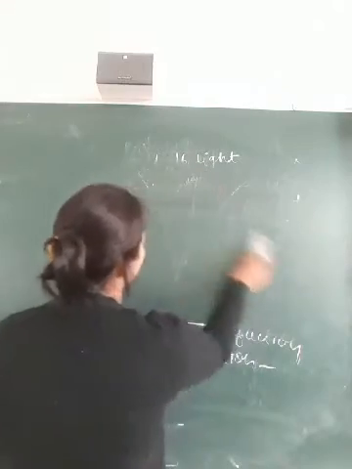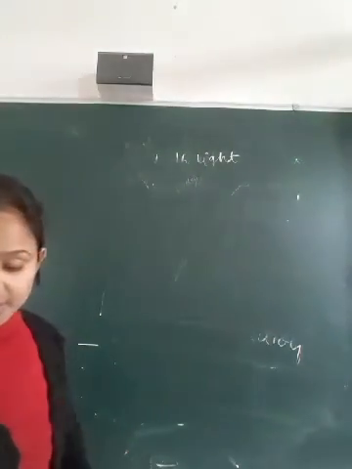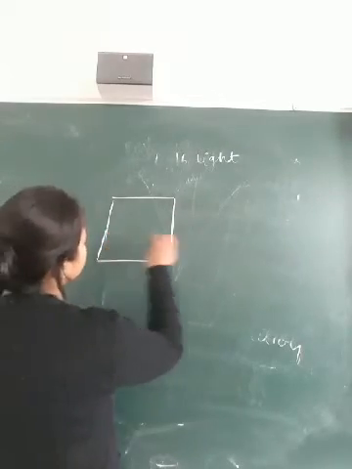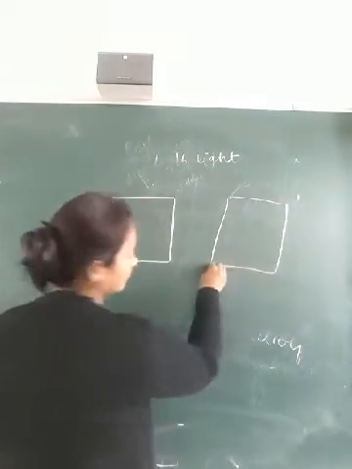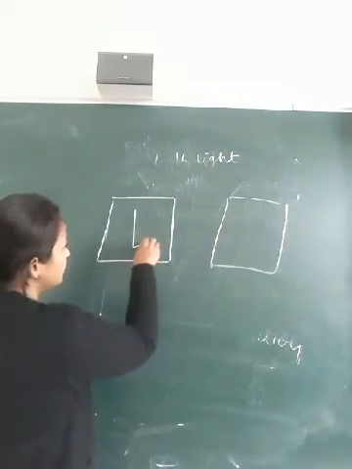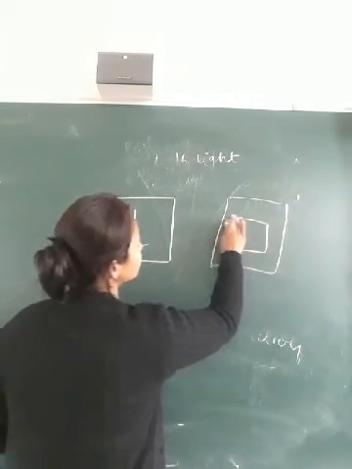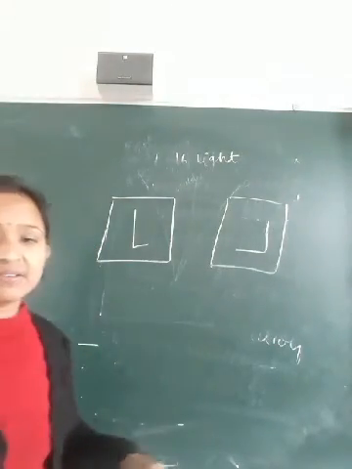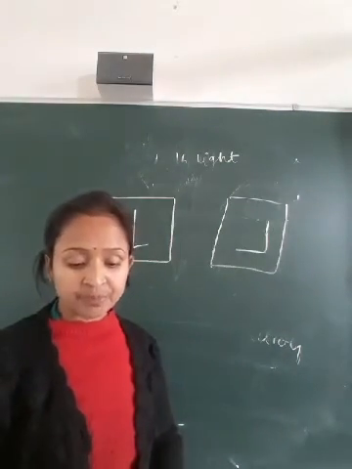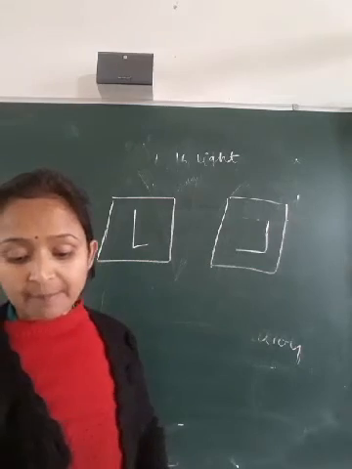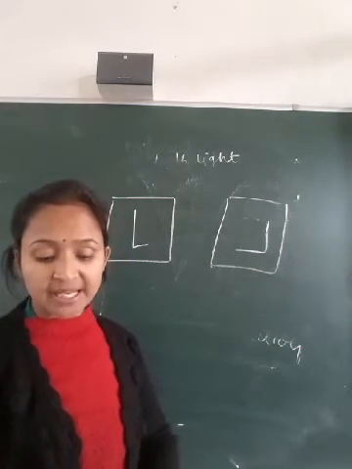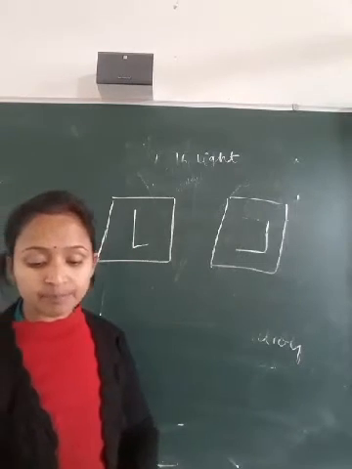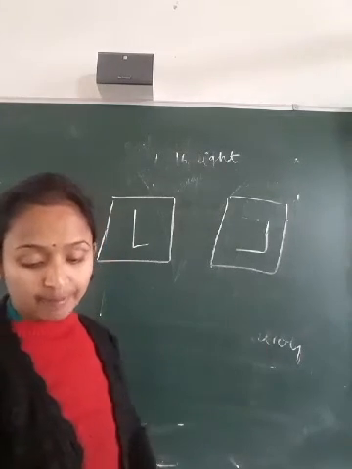In activity 16.3 you can see what lateral inversion is. So this is the plane mirror, and this is the activity. In this activity it is shown that a plane mirror produces lateral inversion. What are the materials required? A plane mirror, as you can see in the diagram, and white cardboard.